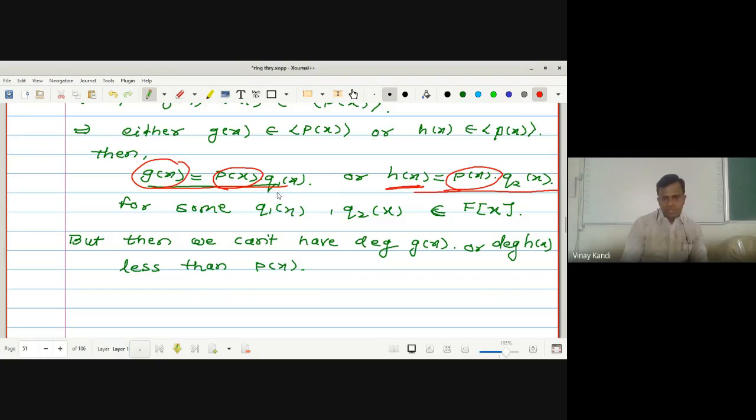We don't know what the degree of q1 of x and q2 of x is. Hence, from this statement, the degree of g of x and degree of h of x is greater than or equal to degree of p of x.